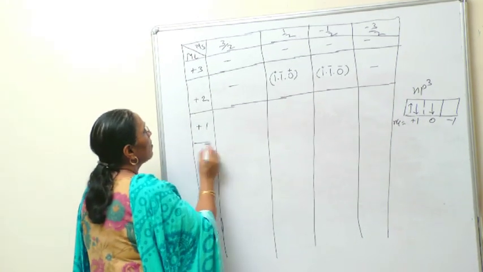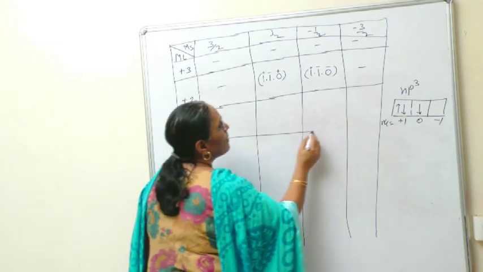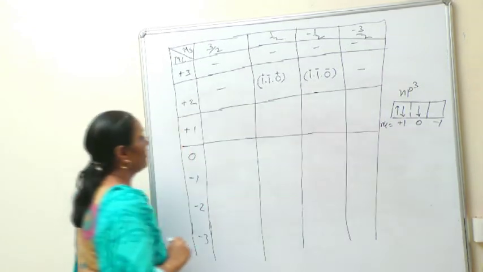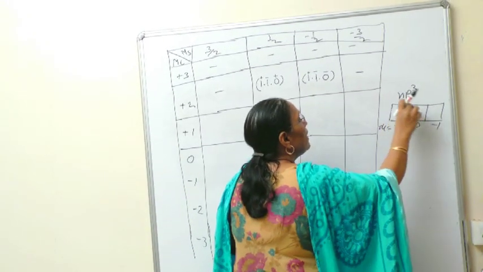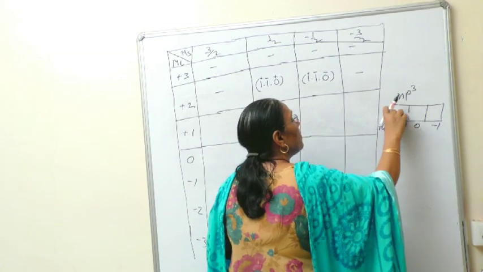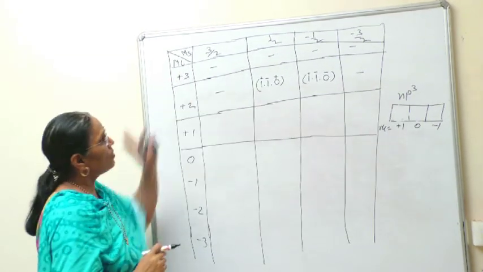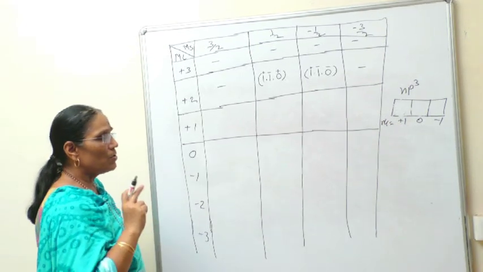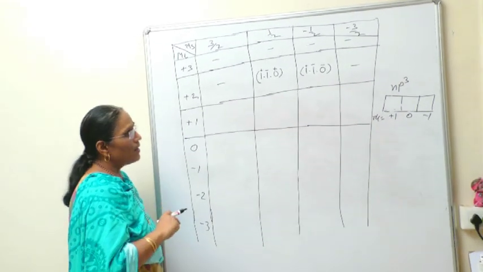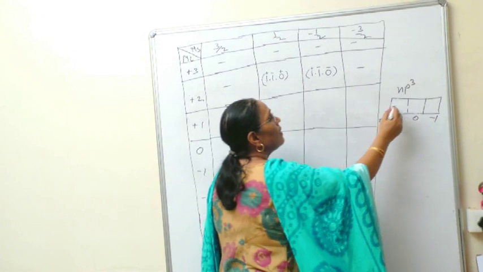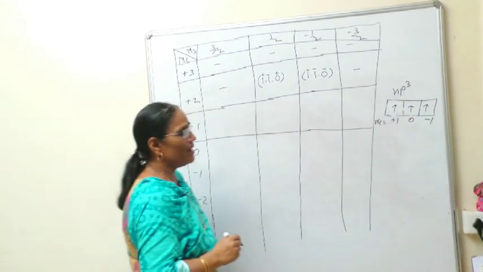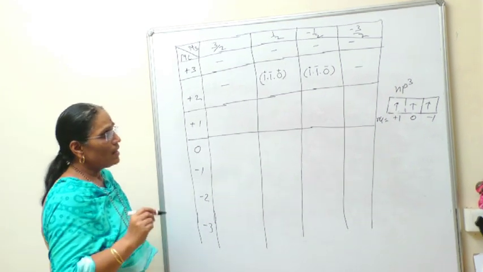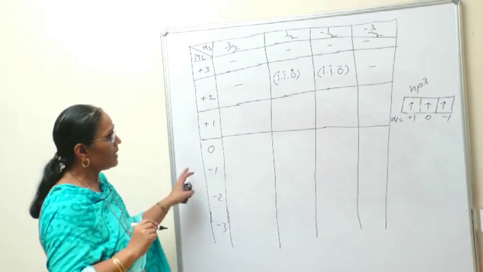Then next, for plus 1 ml, see the microstates. Again, in order to get plus 1 ml with total spin 3/2, all the 3 electrons should have plus 1/2 spin, and to have all the 3 electrons with plus 1/2 we have to arrange the electrons like this according to Pauli's exclusion principle and Hund's rule of multiplicity.